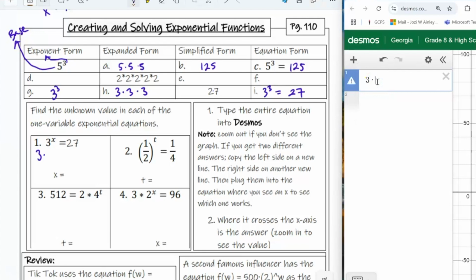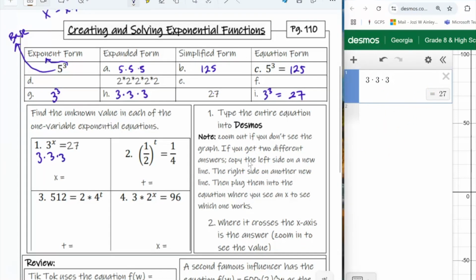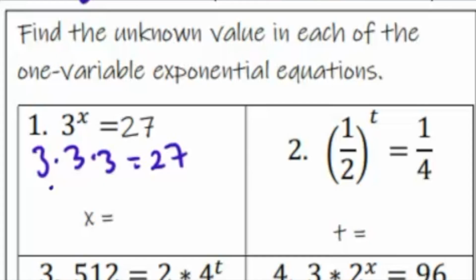So 1, 2, 3. So 3 times is going to give me 27. So 3 times 3 times 3 is going to give me 27. What that means in equation form is 3 to the power of 3 is equal to 27. So what is my exponent? Just looking at the exponent, what is that? 3. So x is equal to 3.